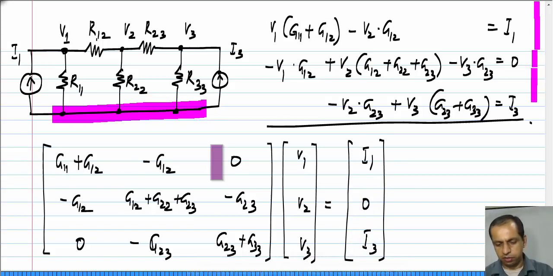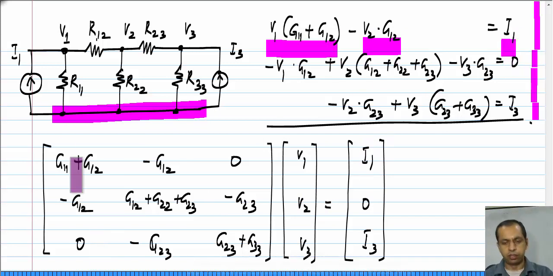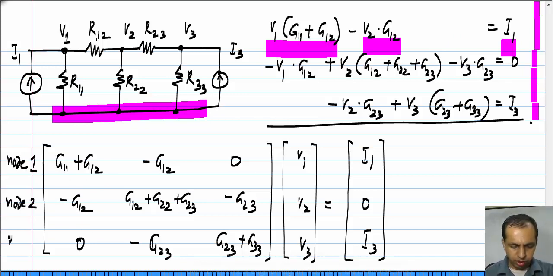Okay. Clearly, the first row corresponds to the first equation, G11 plus G12 times V1, minus G12 times V2, equals I1. So, I can go term by term and identify each equation. Okay. So, the first row corresponds to node 1, the second row to node 2 and the third one to node 3. Okay.